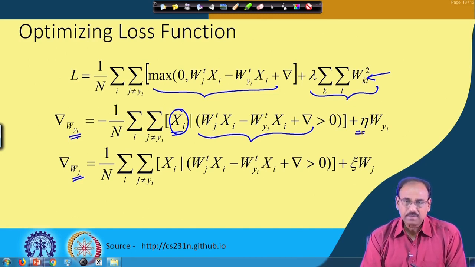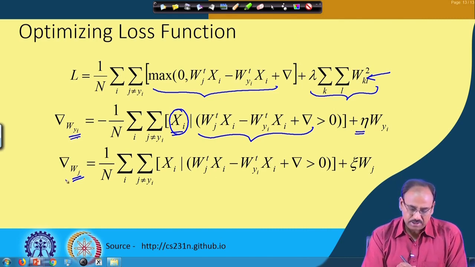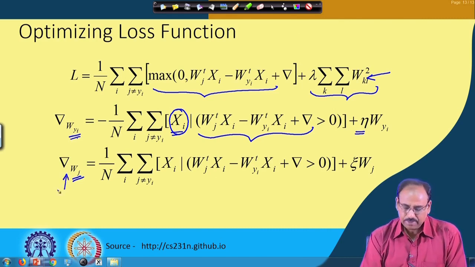In the same manner, if you take the gradient with respect to Wj, it also becomes the sum of xi, where Wj transpose xi minus Wi transpose xi plus delta is greater than 0. We will take the sum of only those training vectors for which this condition is true.